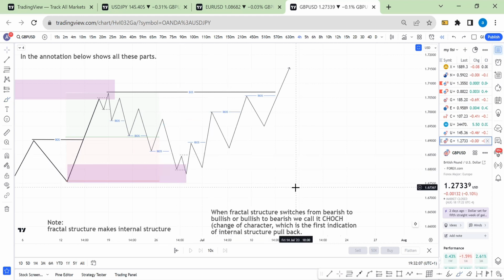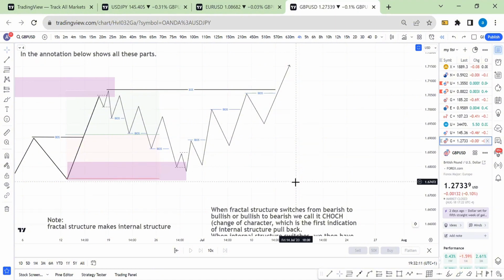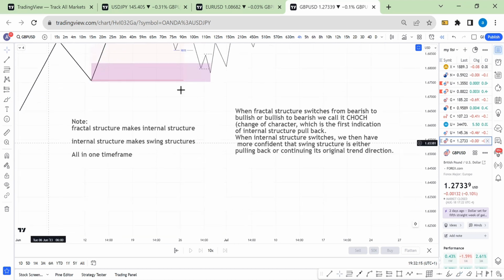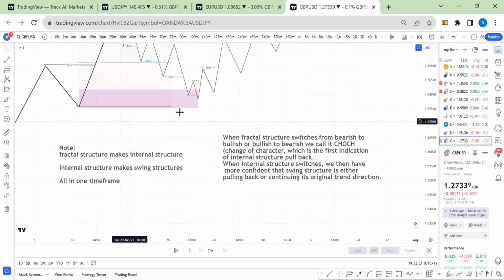I'll hit the chart now so that I can explain. You have to take note of this. Fractal structure makes internal structure. That means it is the fractal structure movement that creates internal structure.